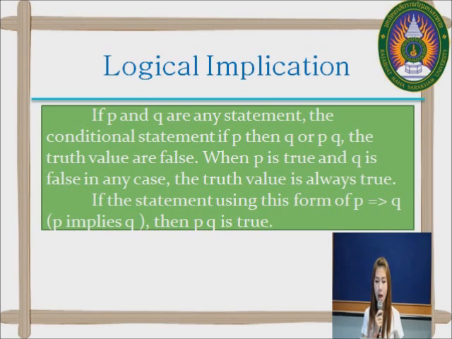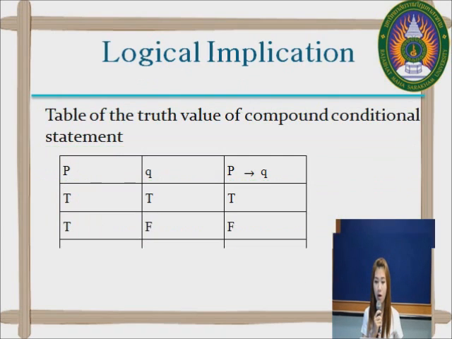Definition: if P and Q are any statements, the conditional statement is if P then Q, written P implies Q. The value is false only when P is true and Q is false. The value is always true in the other cases.